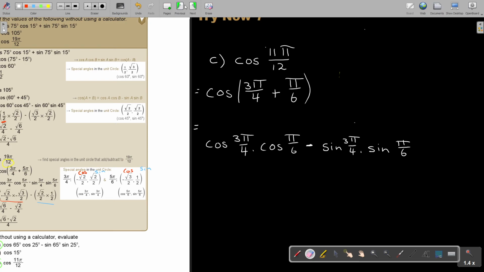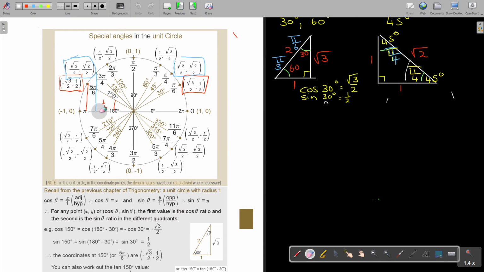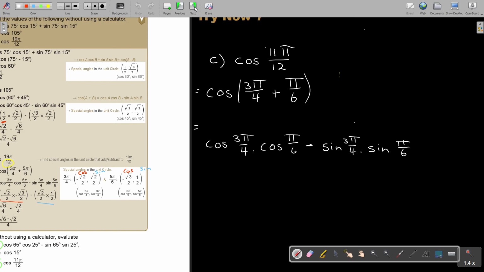Okay. So it's 3/4. So where is 3/4? It's 1/4. So it's this one. It's this blue one. Can you remember? And it's in this quadrant. So cos will be negative sin. So it's square root 2 over 2. Can I just show you?